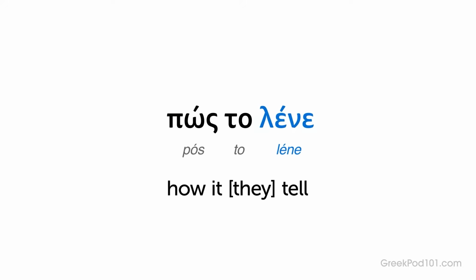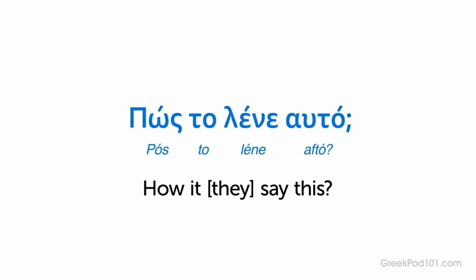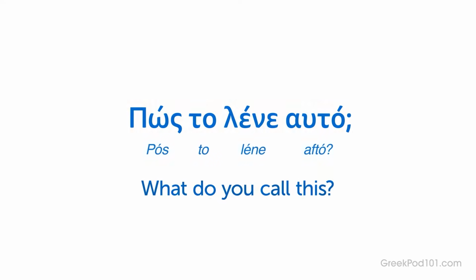Next is λένε, they tell. Last is αυτό, this. All together, Πώς το λένε αυτό? literally means how it they say this, but translates as what do you call this? Note, the pattern is usually used when pointing at something.